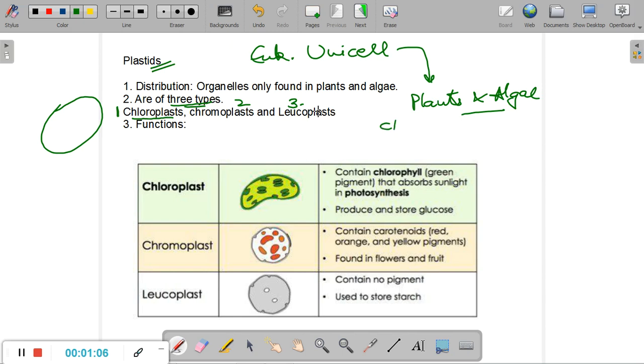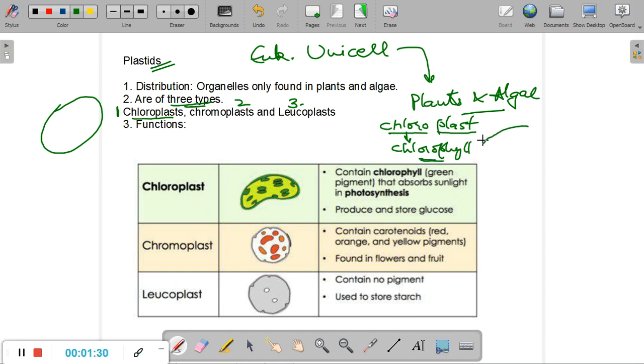Chloroplast. Now the plastid called the chloroplast, this word is made up of two words, chloro and plast. So plast stands for plastids and chloro stands for chlorophyll. Now I hope you remember that this pigment is involved in photosynthesis.